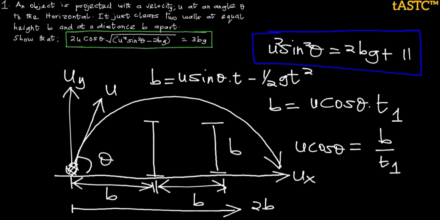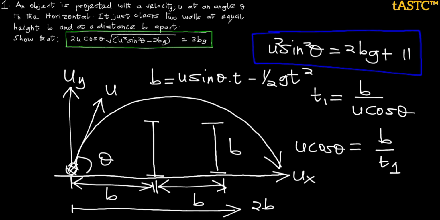So that is basically what you're going to have. Now what if we wanted to make t1 the subject? If I wanted to make t1 the subject, t1 is going to be equal to b divided by u cos theta. So this is actually going to be very useful as we continue in this derivation. So just remember that.